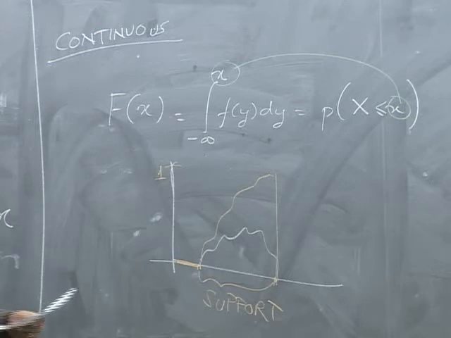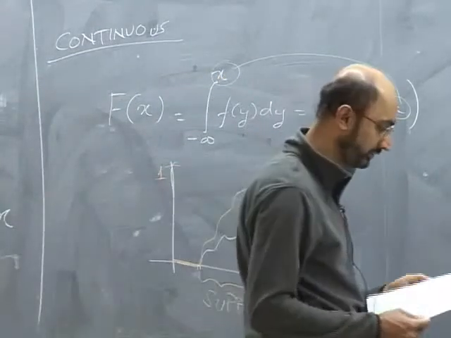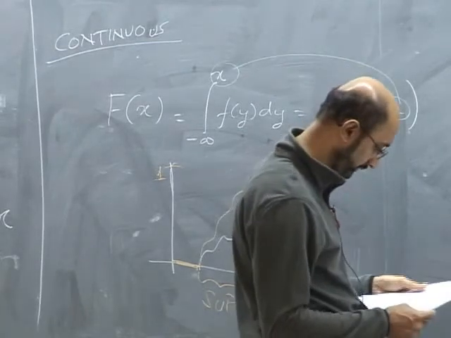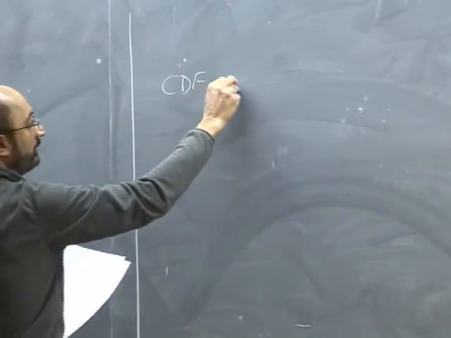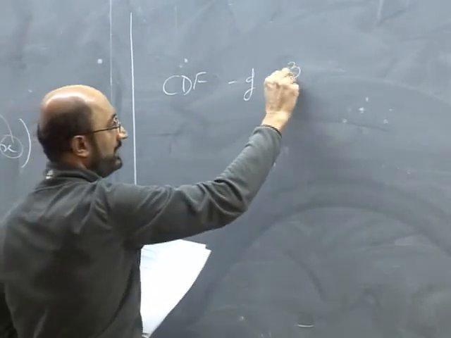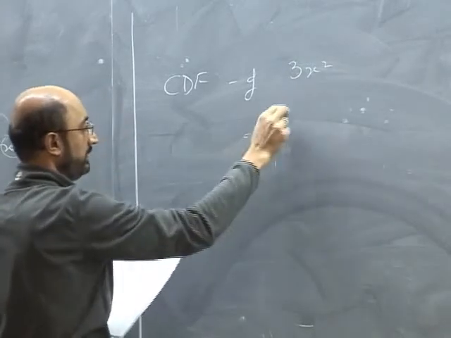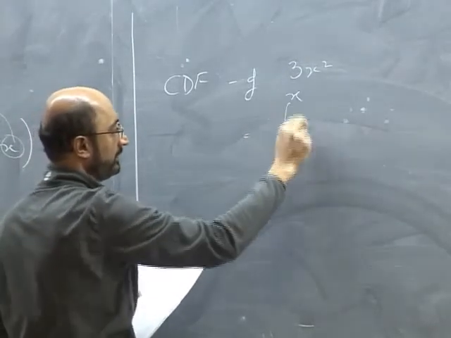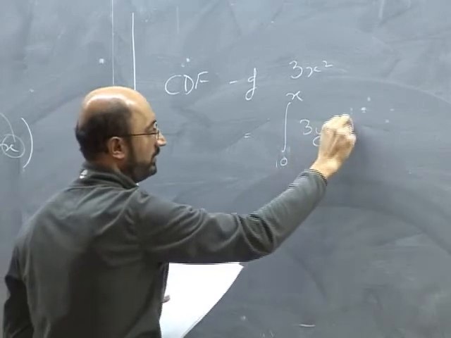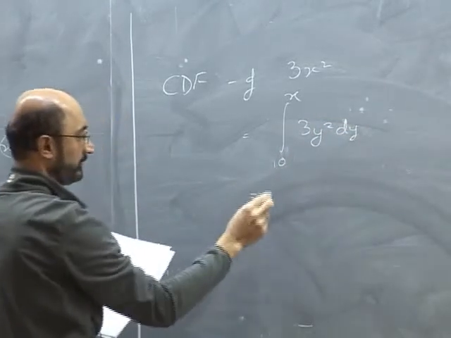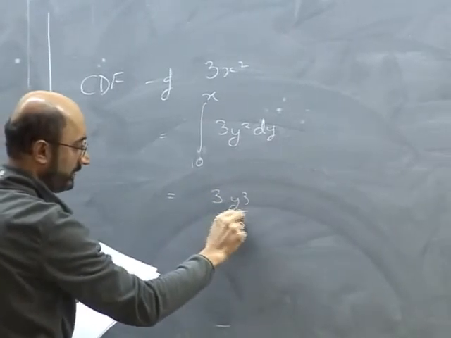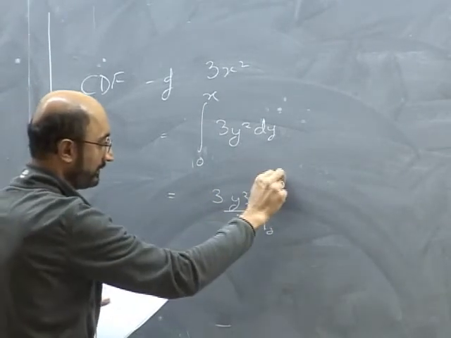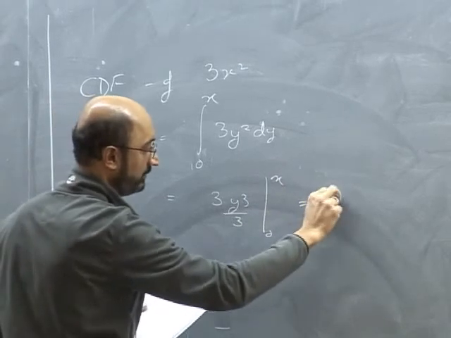So we can now use this to do the next homework problem, which was what is the CDF of this function? So the CDF of 3x squared is going to be the integral from 0 to x of 3y squared dy, and this is going to be nothing more than 3y cubed by 3 from 0 to x, which turns out to be x cubed.